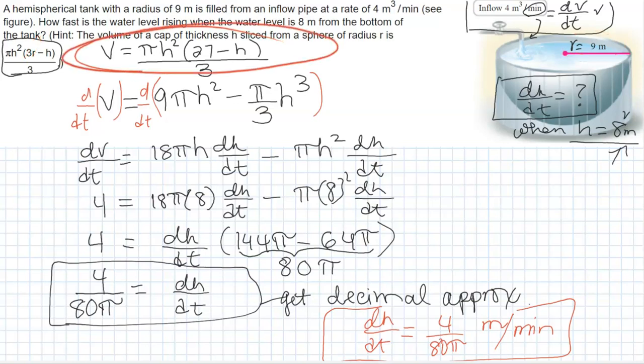This is the equation we're going to work with, and then you can proceed from there. When you see these problems, you need to understand what the constants are. The constant in this case is r equals 9. And the things that are changing and relating to one another are the volume and the height of the water level.